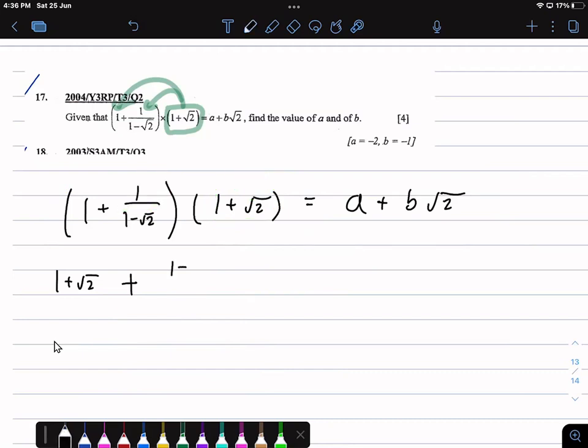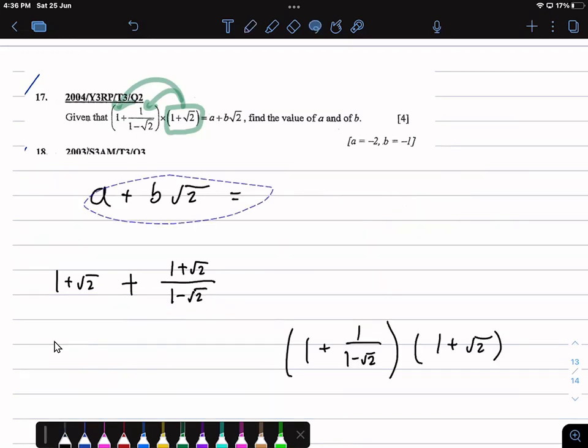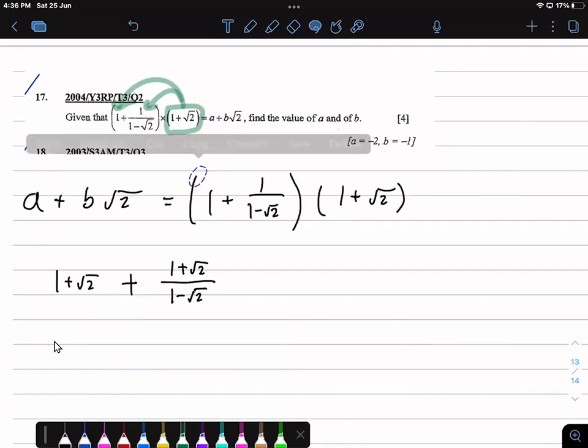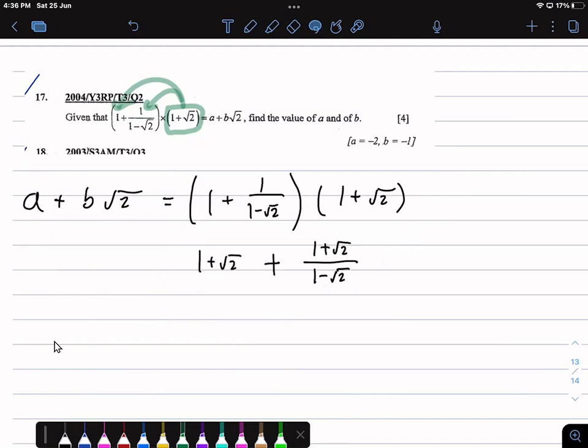You'll get 1 plus root 2 on the numerator, divided by 1 minus root 2, equals a plus b root 2, leave it alone. Maybe just to make it neater, I'll write my a plus b root 2 on the left-hand side, then the expression on the right-hand side, and my simplified version at the bottom. So I can leave a blank space.